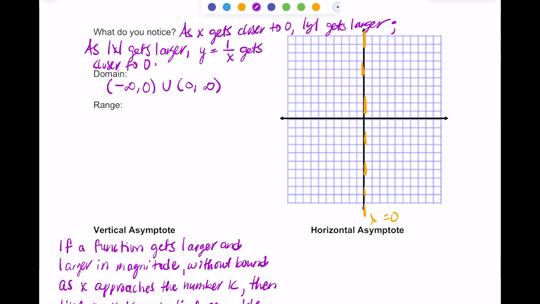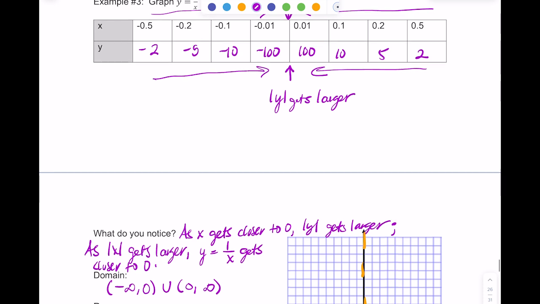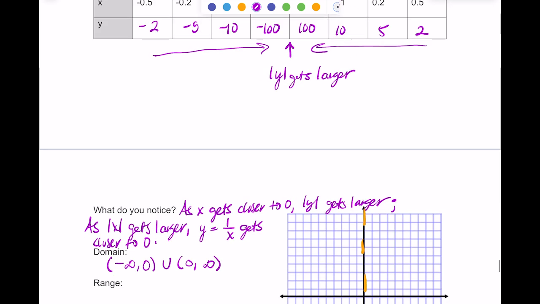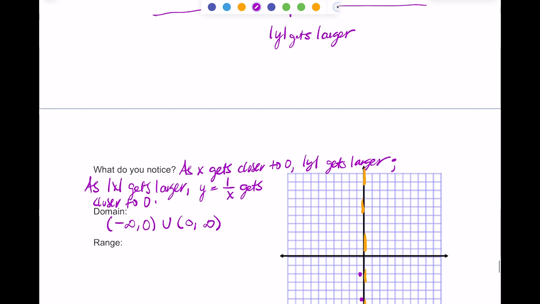To show you, I can plug in some values here for x. Actually, I have values in the table, so why don't we just use those? If I graph -1/2 and -2, it's going to be right about there. Then -0.2 and -5. You can see it's getting closer to the y-axis.